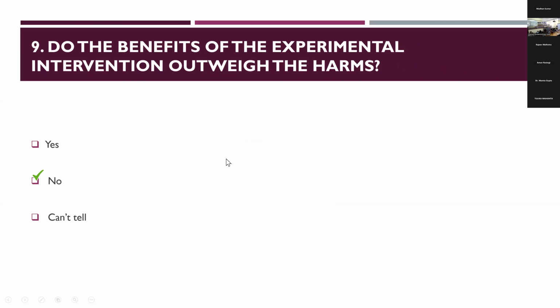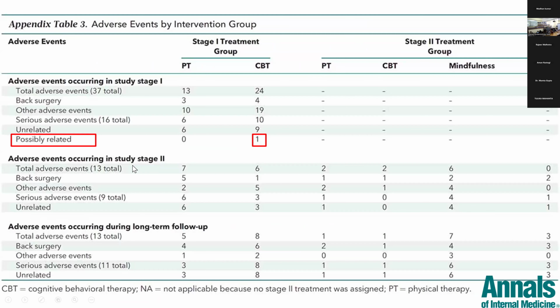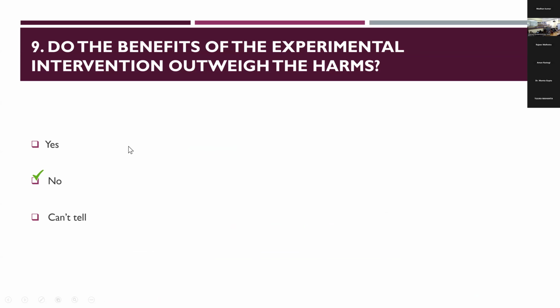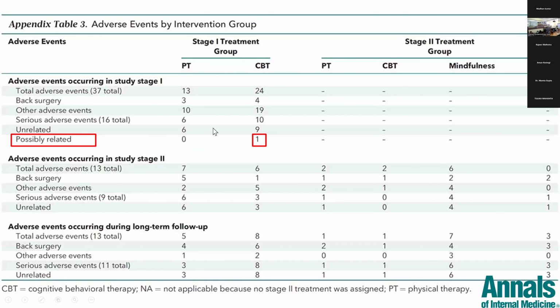Yeah, so I thought the benefit did not outweigh the harm, because there was only one possibly statistically significant result, and that also with some questionable missing follow-up data. And for harms, they said one person got back surgery after behavioral therapy.